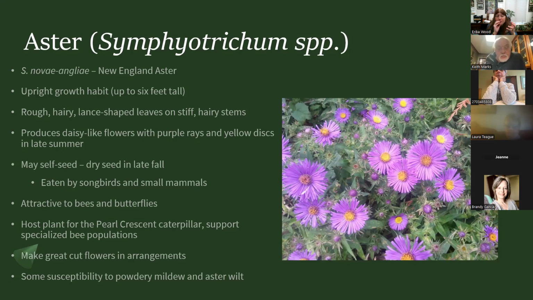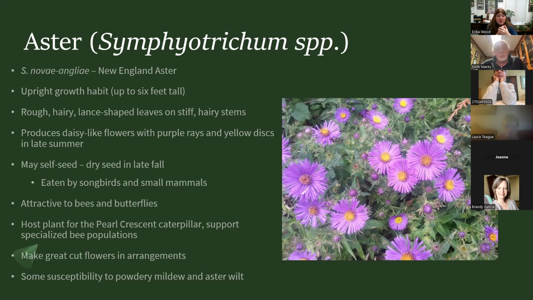And then it also helps support specialized bee populations. When we talk about specialized bees, these are bees that are specialized to certain plant species or plant families, and there is a type of aster bee that really needs to have aster species in order to survive.